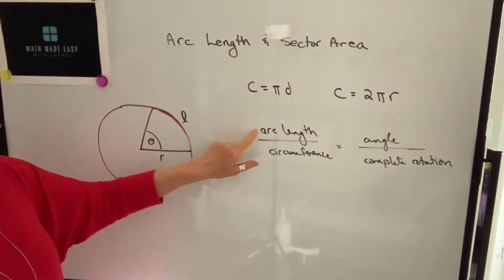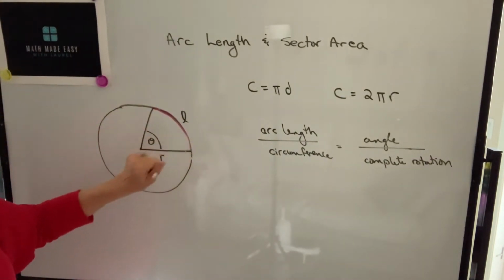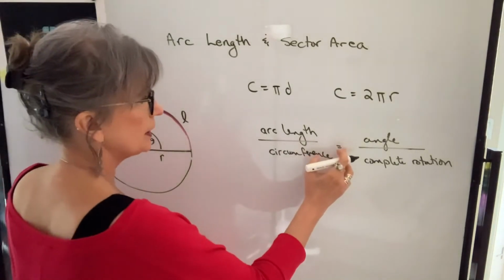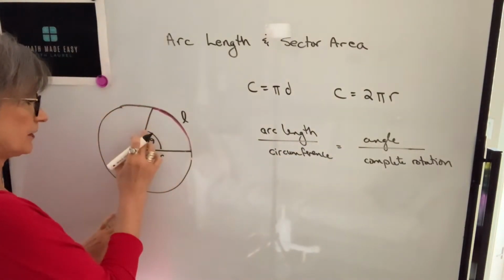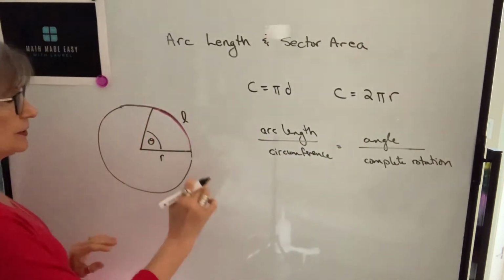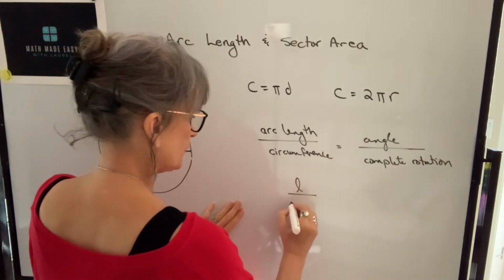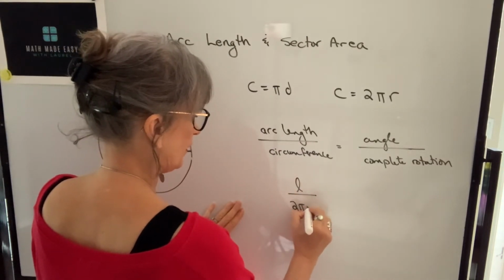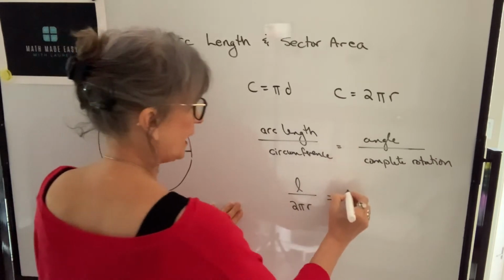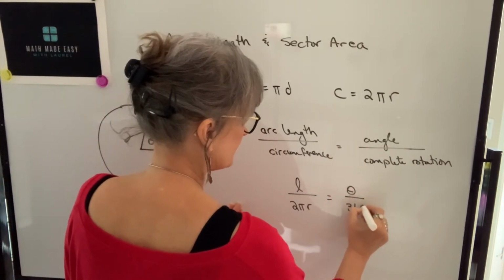So the ratio of the arc length, L, to the total circumference will be equivalent to the ratio of the central angle to one complete rotation. In other words, we can write this as L over the circumference, which is 2 pi r, equals the angle theta over the complete rotation of 360 degrees.